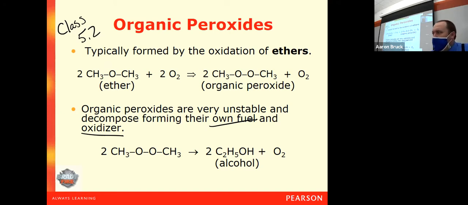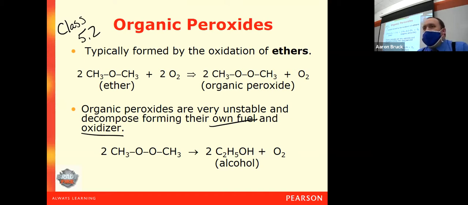So we talked at the very beginning about the two different types of placards for the DOT. The plain old oxidizers, which is class 5.1. And then there's the organic peroxides, class 5.2.